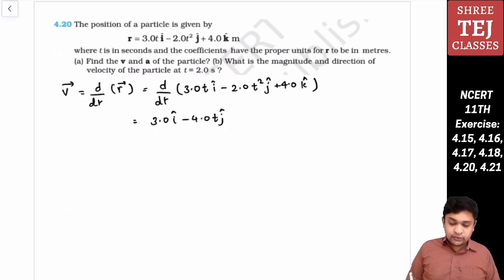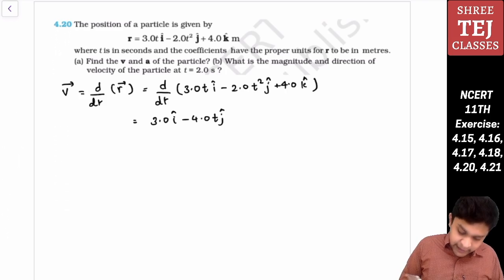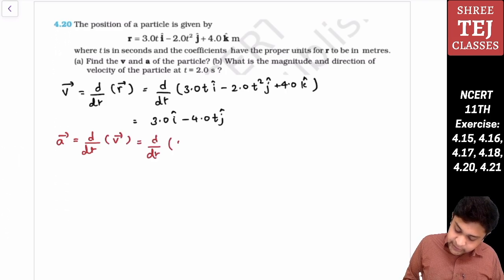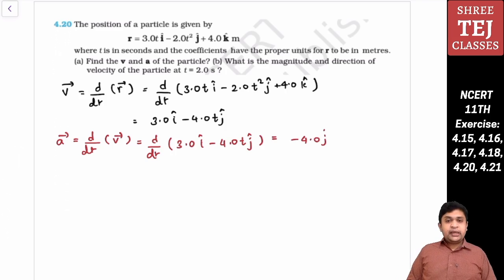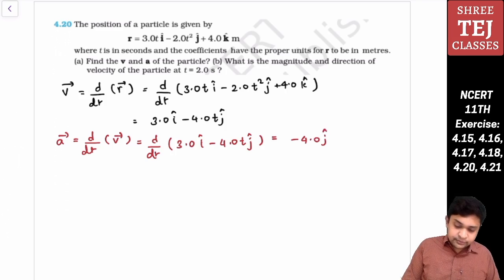So velocity vector would be 3.0 i cap minus 4.0 t j cap. And we know acceleration vector is d by dt of velocity vector. So this would be d by dt of 3.0 i cap minus 4.0 t j cap, which would be minus 4.0 j cap. So this would be acceleration vector. Therefore, this is the velocity vector, this is the acceleration vector.